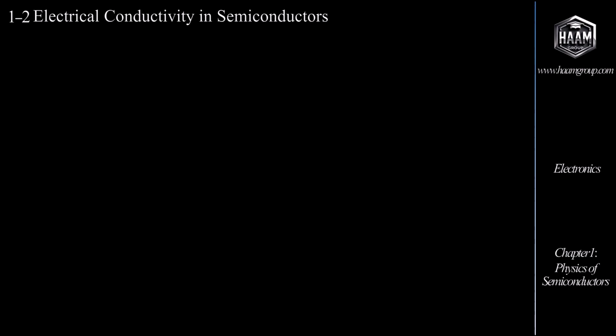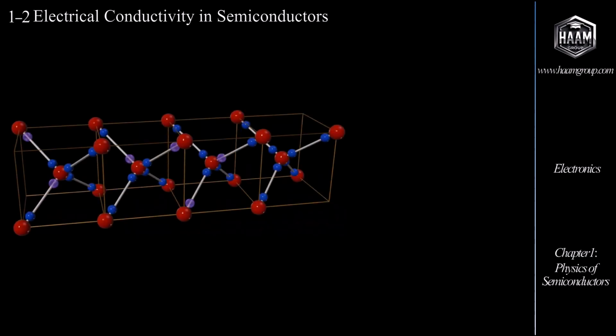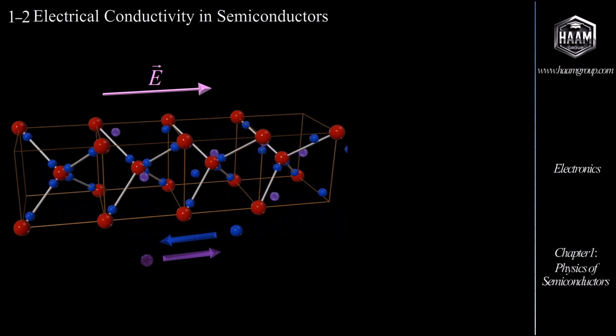However, in the presence of an external electric field, the motion of holes must be examined. In this case, the external electric field causes neighboring electrons to gain energy in the direction opposite to the field. So the filling of holes by neighboring electrons is no longer random and disorderly.